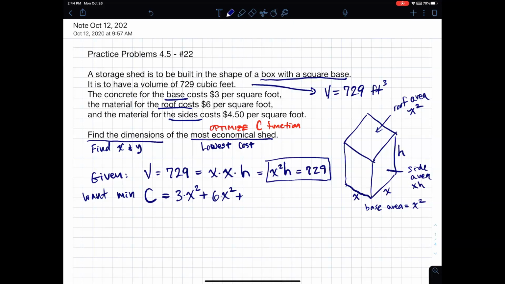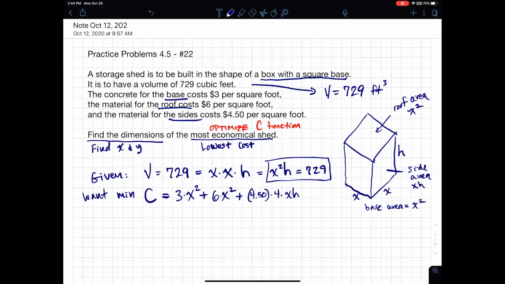So that's going to be $450 times 4 times xh. So the total cost of this box is $3 times x squared for the base, $6 times x squared for the roof, and $450 times the 4 sides, which are each x times h.